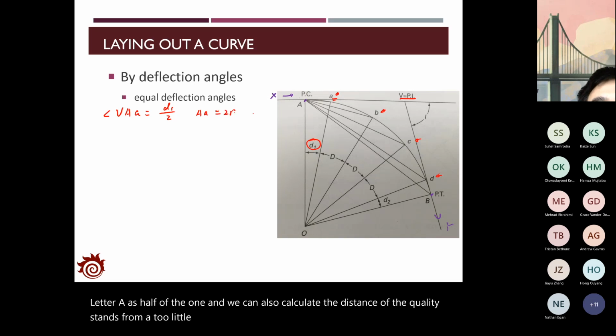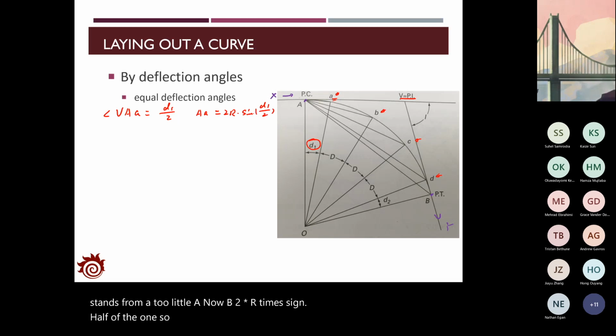That will be 2 times r times sine half of d1. So that's how you're going to find out the location of point a.